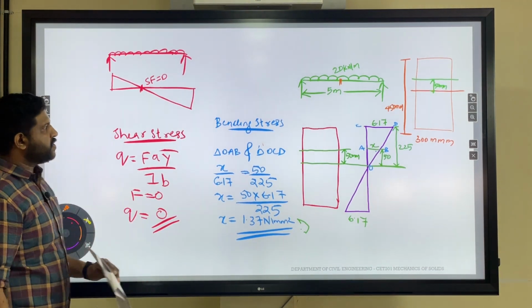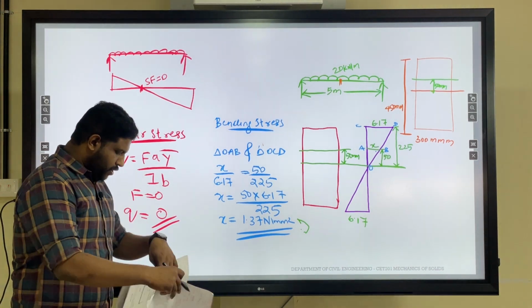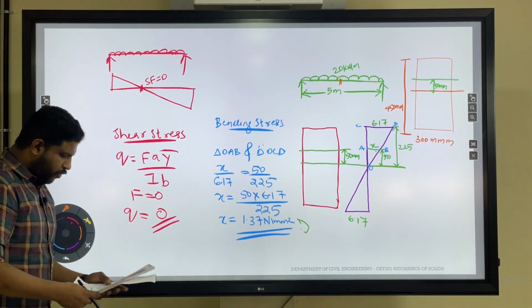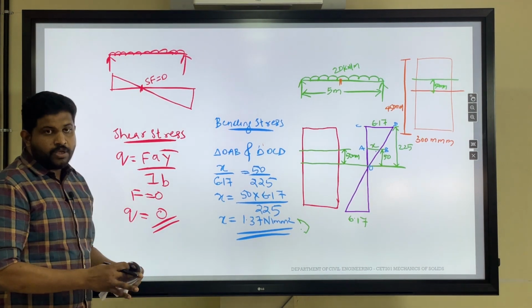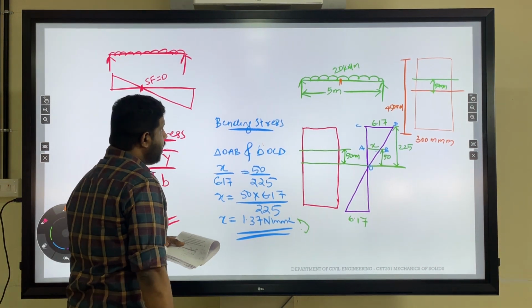And in the fourth part of the question, we want to check whether the structure is safe. For that we have been given the allowable stress in bending and shear.